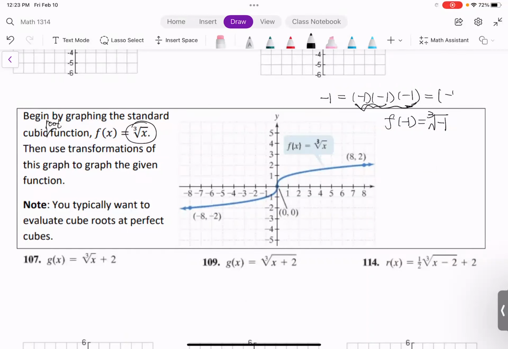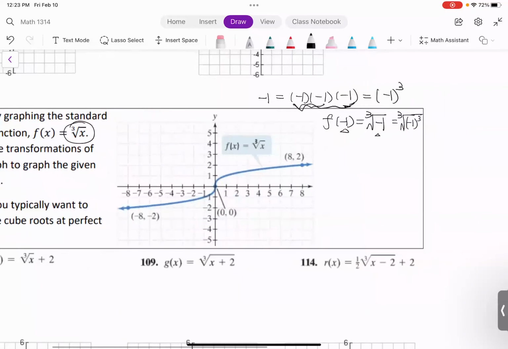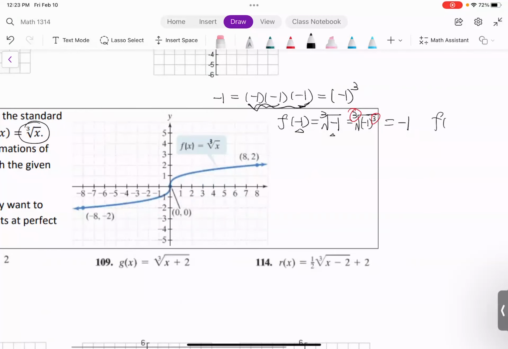That means -1 cubed. If my x input is -1, cube root of -1 equals cube root of -1 cubed. And then cube root and cubed cancel, so we have -1. I can find the first key point, which is f of -1 equals -1.